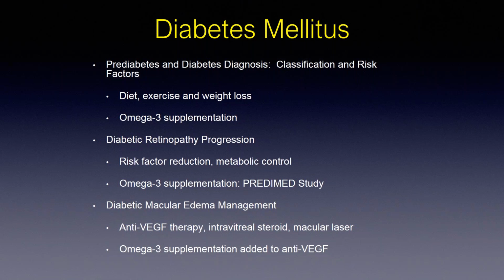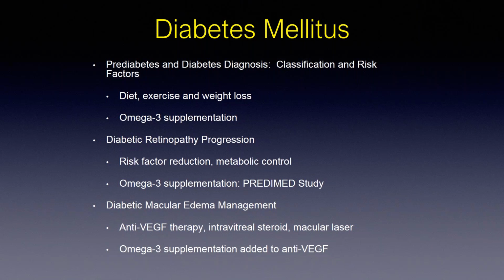We know that newer studies show anti-VEGF therapy can slow the progression of diabetic retinopathy, but that requires an intravitreal injection, obviously an invasive procedure. The PREDIMED study suggested that omega-3 supplementation in this group of patients may slow the progression of diabetic retinopathy.